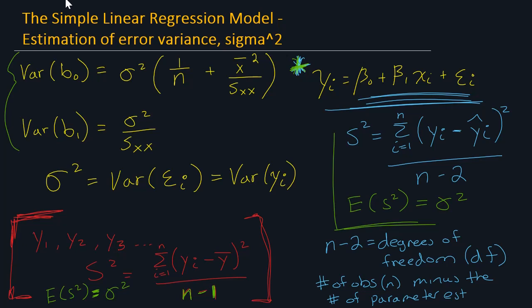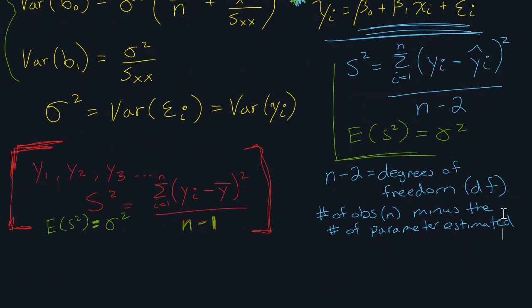Right now we are estimating 2 parameters, beta naught and beta 1. Before, we were only estimating 1 parameter, which is why it was minus 1. The one parameter we didn't know before was mu, the mean of y. Now it's minus 2 because we have 2 unknown parameters.